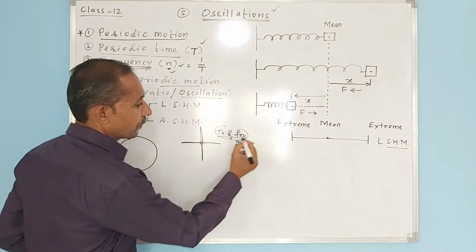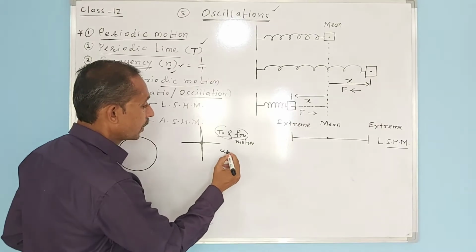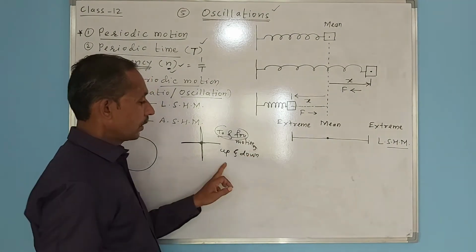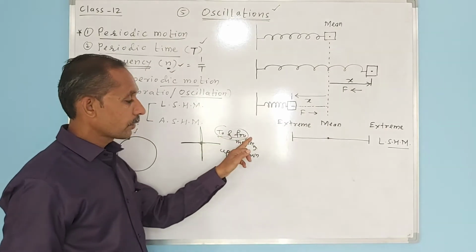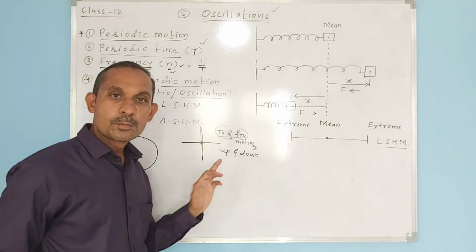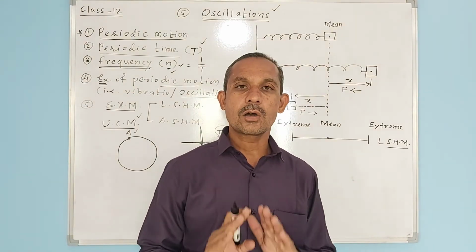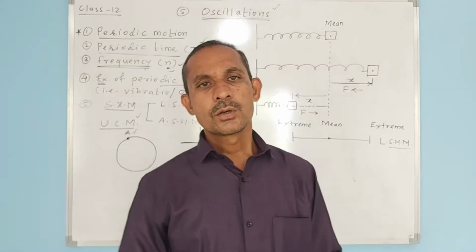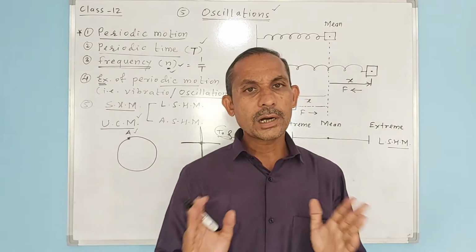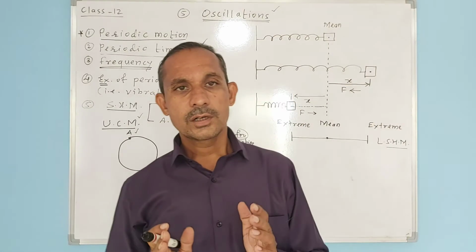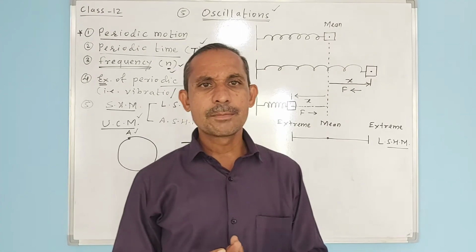So to and fro motion or up and down motion in nature is nothing but vibratory or oscillatory motion.